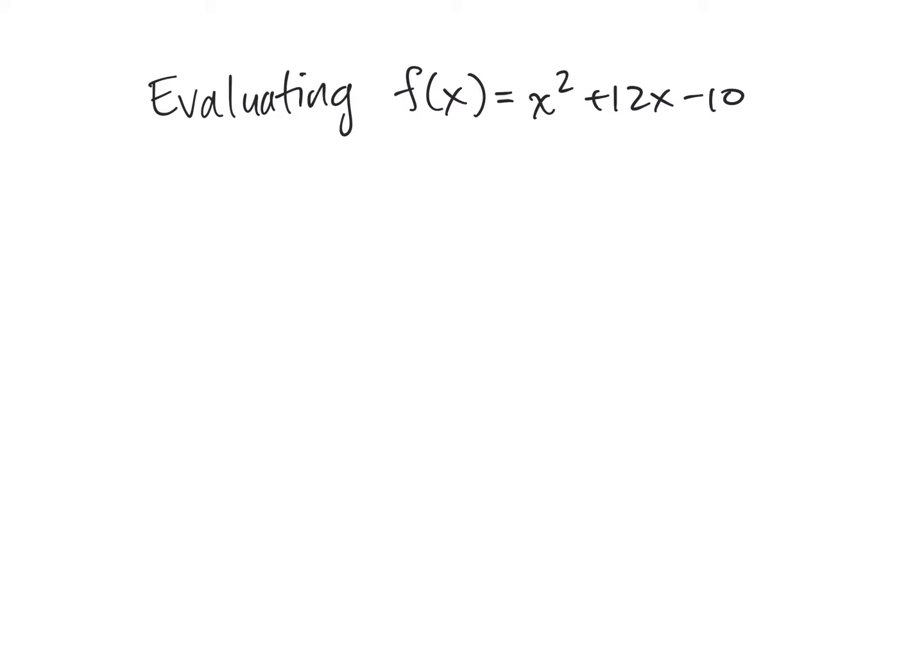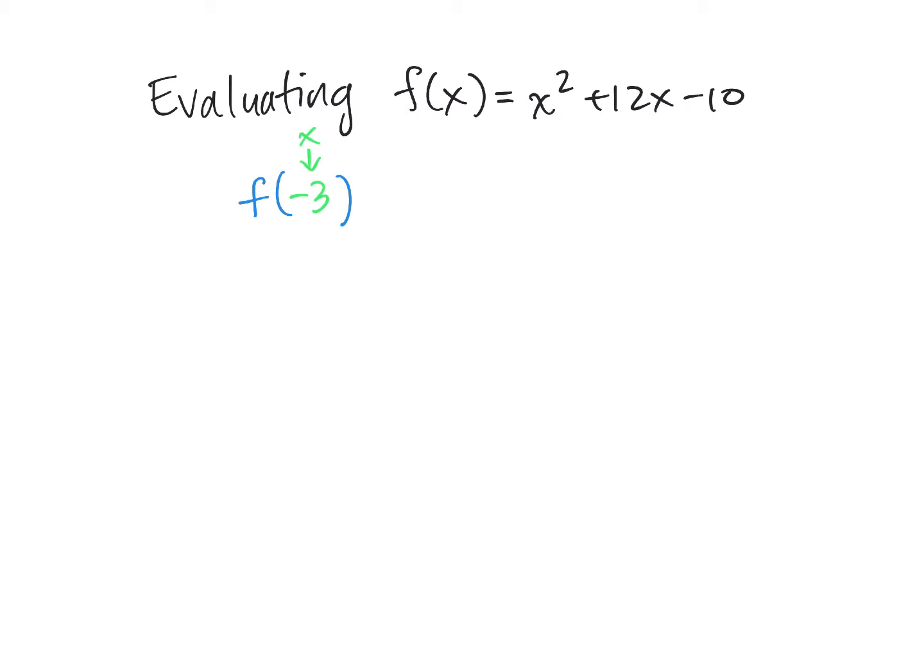So first, I'm given this function f of x equals x squared plus 12x minus 10, and I ask you to evaluate that for x equals negative 3. So f evaluated at this particular number, I'm going to put it in green, that number is my x value.